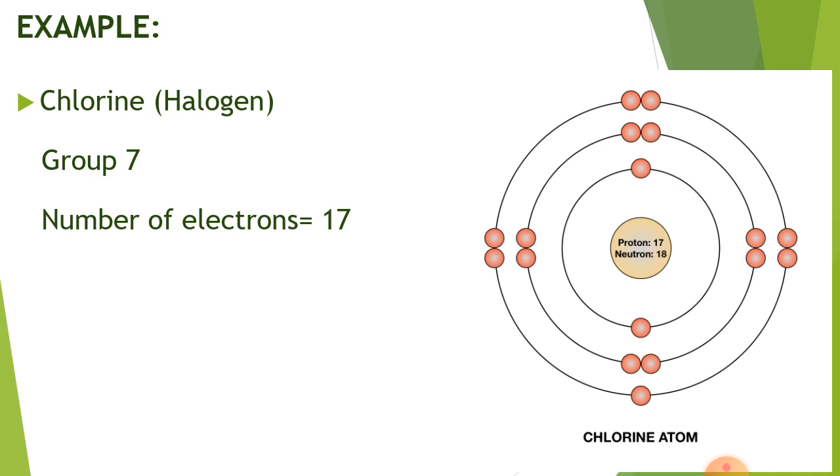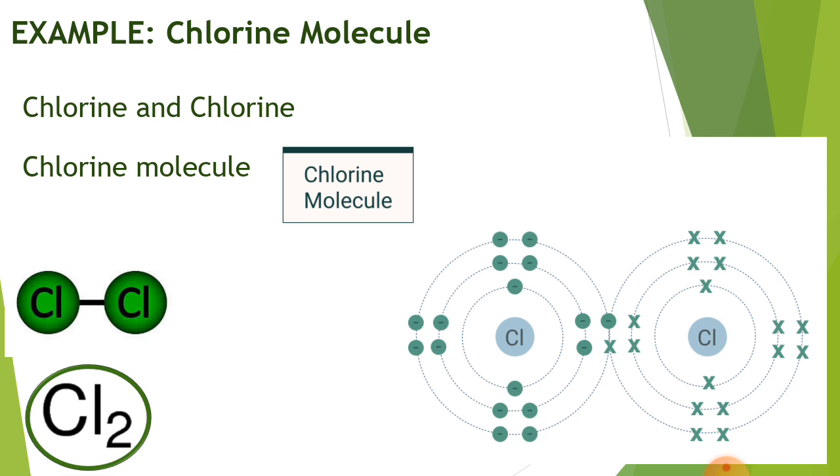chlorine. Now, chlorine is a halogen which belongs to group 7. The total number of electrons is 17, and the electrons in the outermost shell are 7, as you can see in the given diagram. Now, the chlorine molecule.